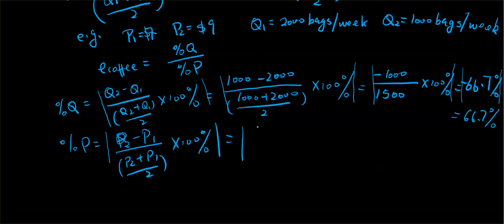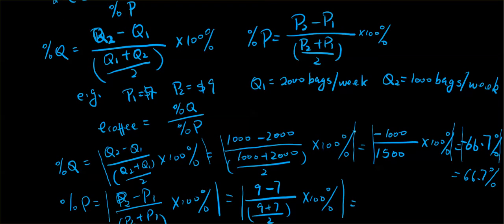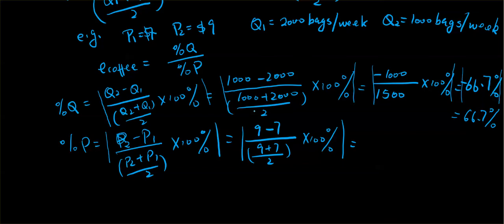Now we can plug in the data: the final price is 9 minus 7, divided by (9 plus 7 divided by 2), times 100%, and then take the absolute value. You can keep using Excel or the calculator, and what you get is equal to 40.42%.